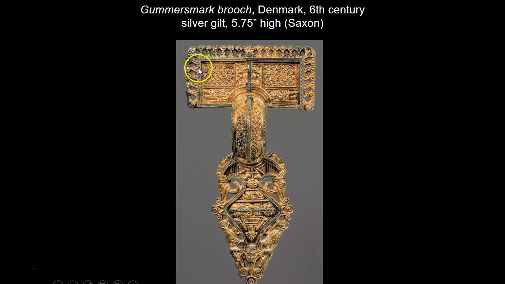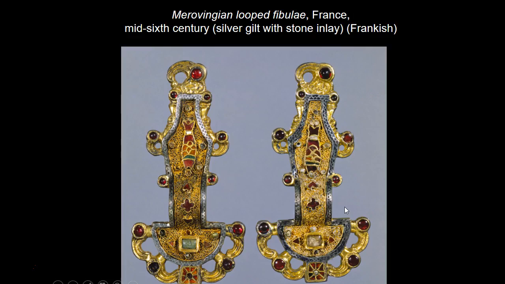You even see little birds' heads here and there, highly abstracted, right? And a lot of what we would call open work, basically where there's a lot of working through the metal to add open spaces. We might call that filigree as well.